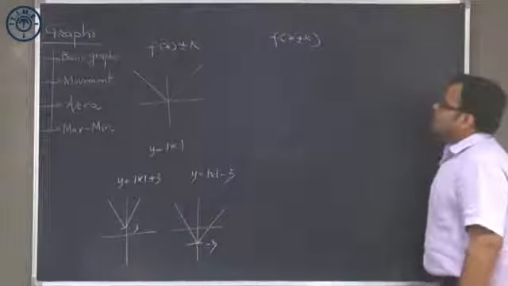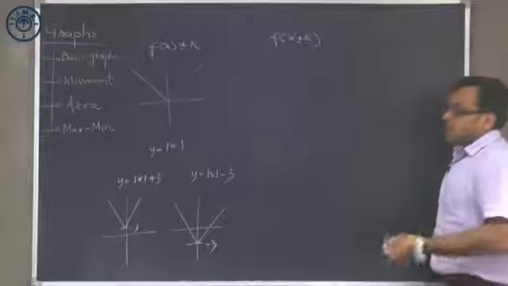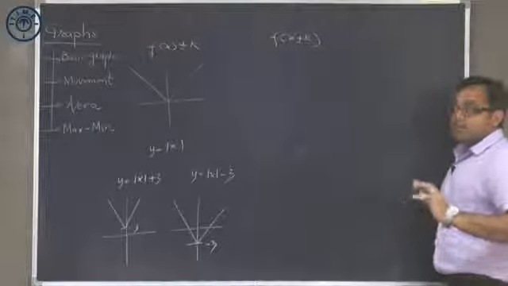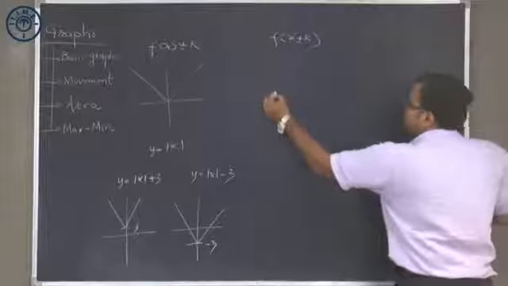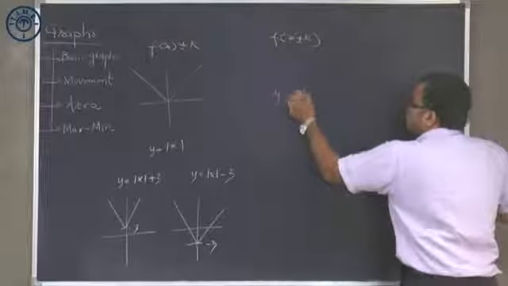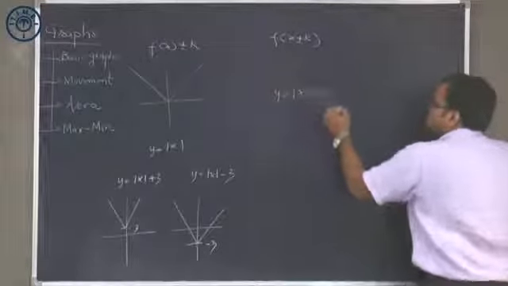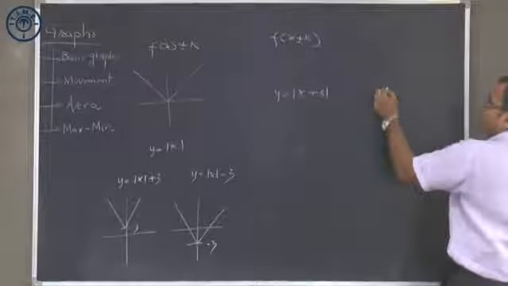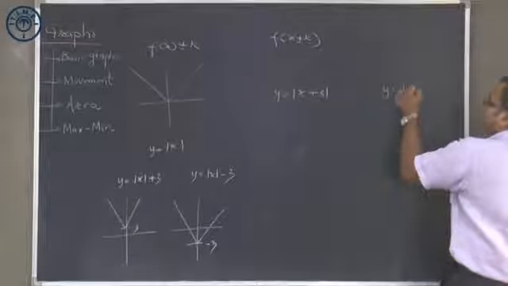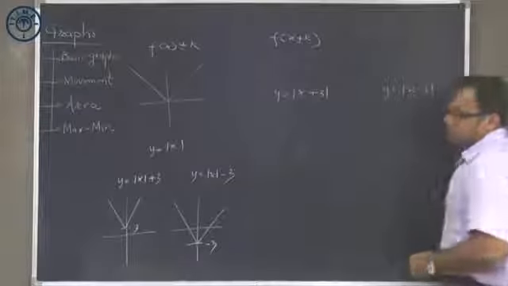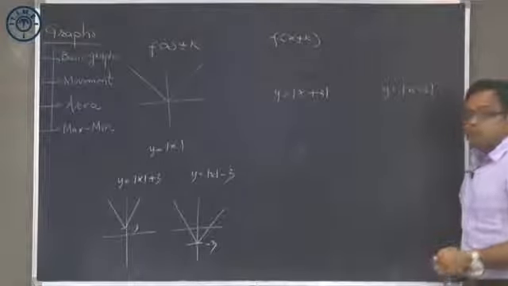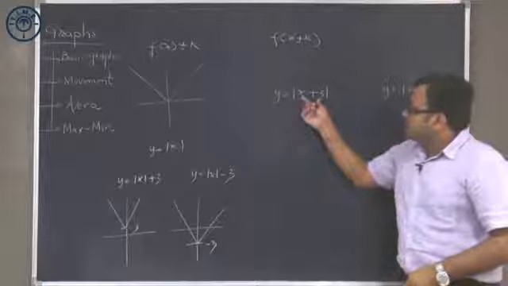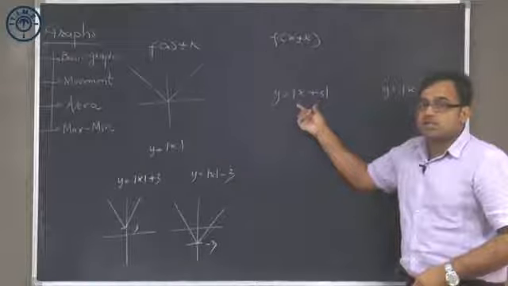Similarly, if I am looking at f of x plus minus k inside the argument, in this case the movement will be slightly different. Let's say I am looking for y is equal to mod of x plus 3, and y is equal to mod of x minus 3. For y equals mod of x plus 3, let us ask ourselves at what point will it touch 0.